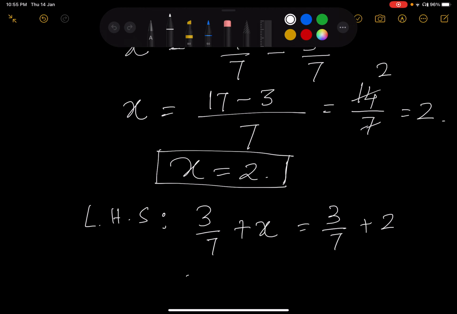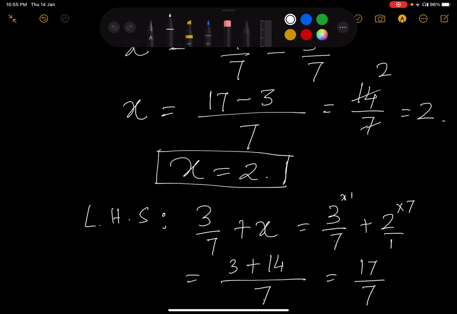So if we take the LCM, we can see here 3 by 7, 2 by 1. So LCM will be 7. 7 ones are 7, 3 into 1 is 3, plus 7 into 2 is 14. So 14 plus 3 is equal to 17.